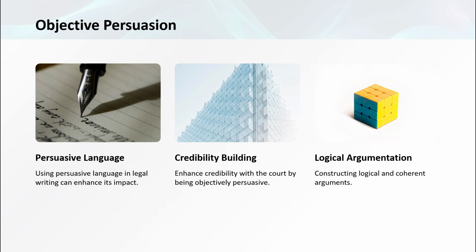Keep this in mind, because the court does not only hear the logic, but they also need evidence. So if your writing is backed by evidence, facts and sources, then only can it create credibility in the eyes of the court as well as in the eyes of the reader. So keep this thing in mind while writing legal content.